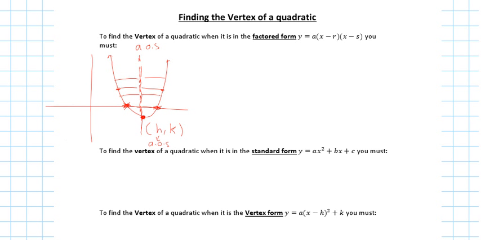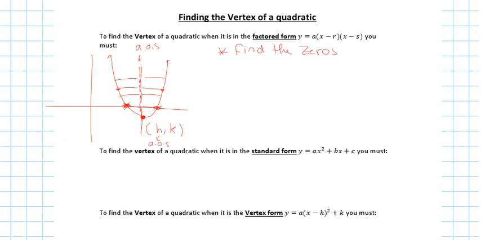Okay? So, let's write down the steps. First step, you're going to find the zeros, and that's if it's in factored form. Find the zeros.